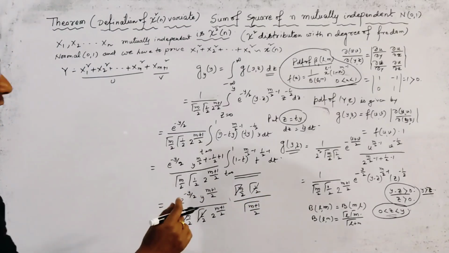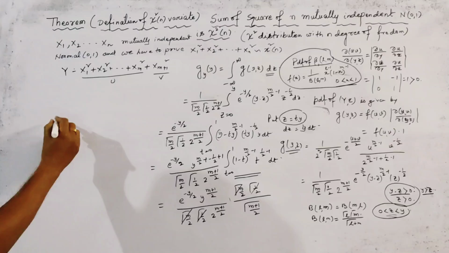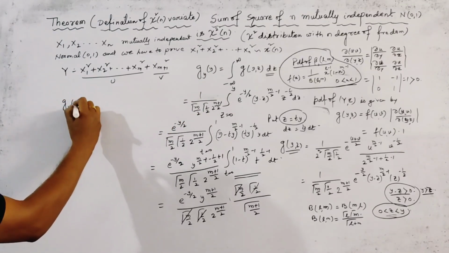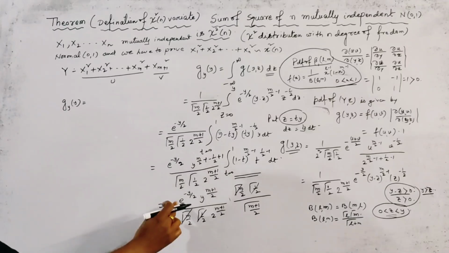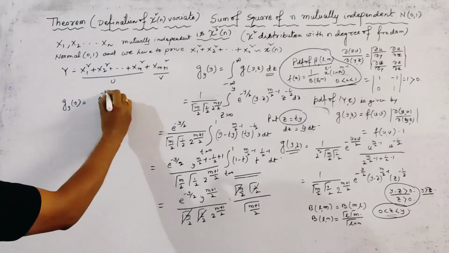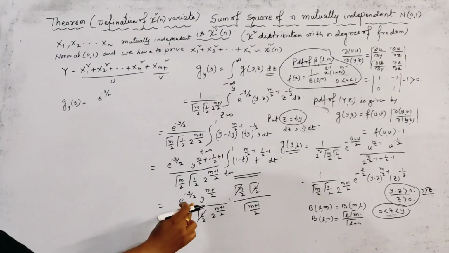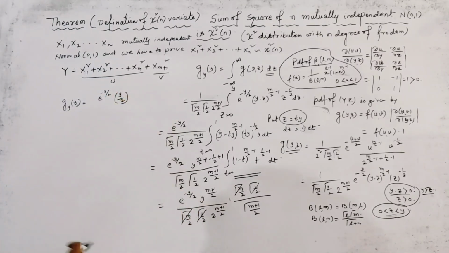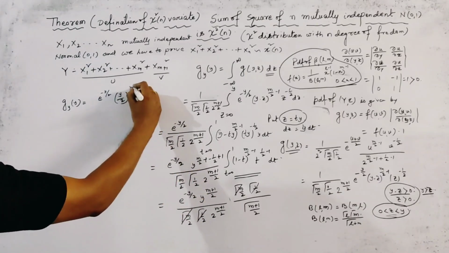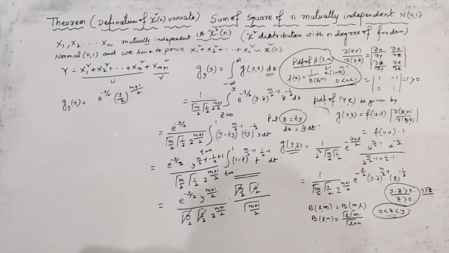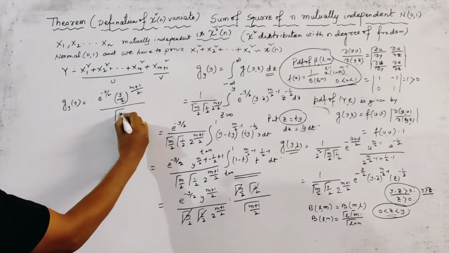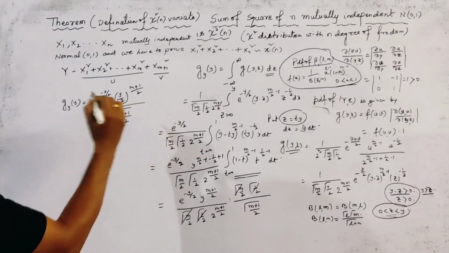Okay, so we get the PDF of y, we write here g(y), which is given by e to the power minus y by 2 into y by 2 to the power m plus 1 by 2 by gamma m plus 1 by 2.